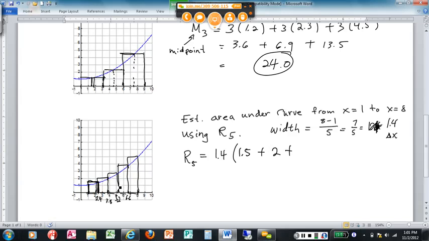And then the third one is right there, so it's 2.8. The fourth one should be right about there, so let's call that 3.8. And then the fifth one, that's right at 5. So I could just say 1.4 times the sum. So I don't have to multiply as many, just add all those up, and then multiply all at once.